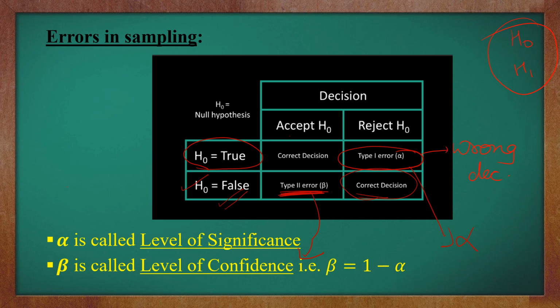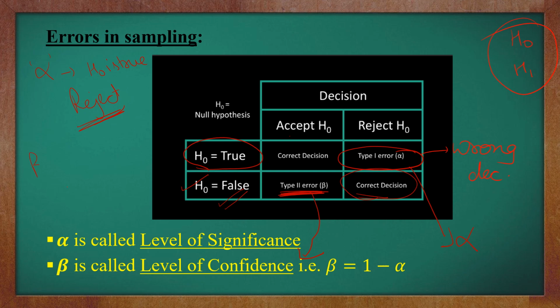Very easy to understand. Level of significance means I know I'm going on a good path, but still I'm not accepting it. My null hypothesis, whatever statement I'm making, is very true. I'm saying my sales will increase and my company will get a profit, but I'm rejecting the statement. This is called level of significance.